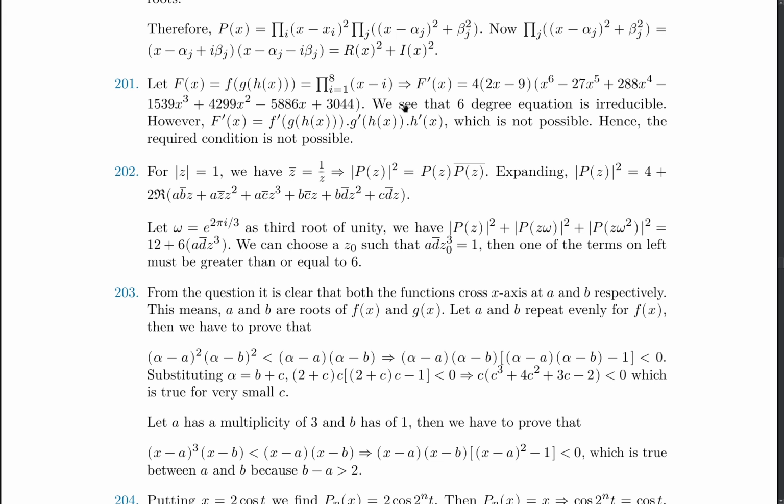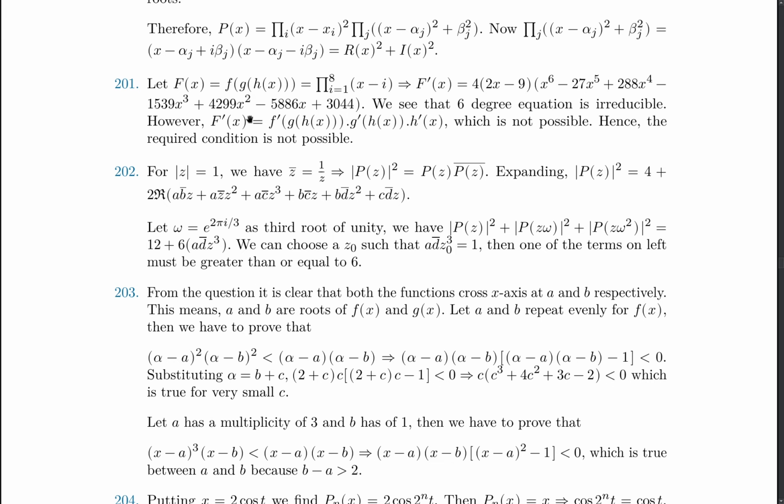Now we see that the 6th degree equation is irreducible, but F dash x is f dash of g of h of x into g dash of h of x into h dash of x, which is not possible. Hence the required condition is not possible.